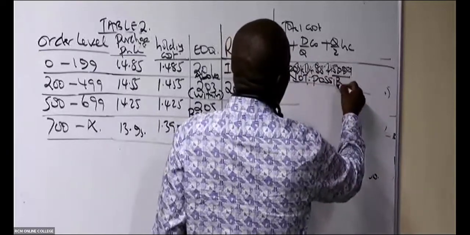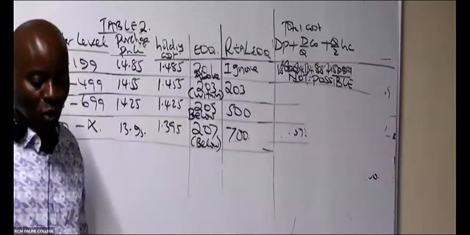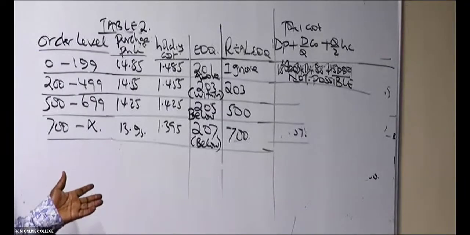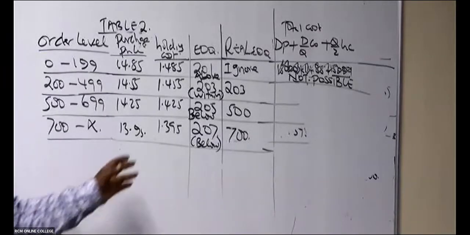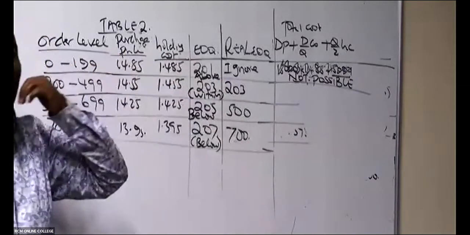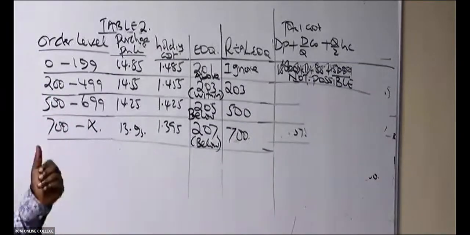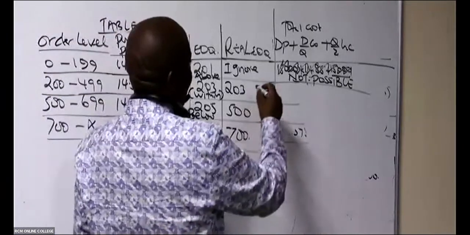You write there, not possible. That is the meaning of the word ignore. It's infinite. But now, given my explanation, I believe for 2 or 3, you guys will be able to give me the total cost very easily, because it's 15,000.